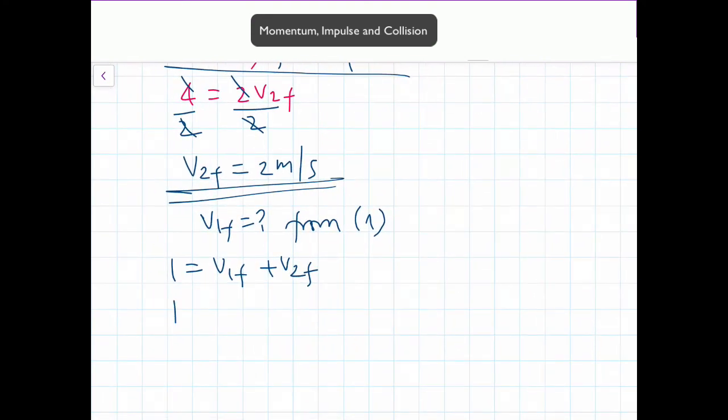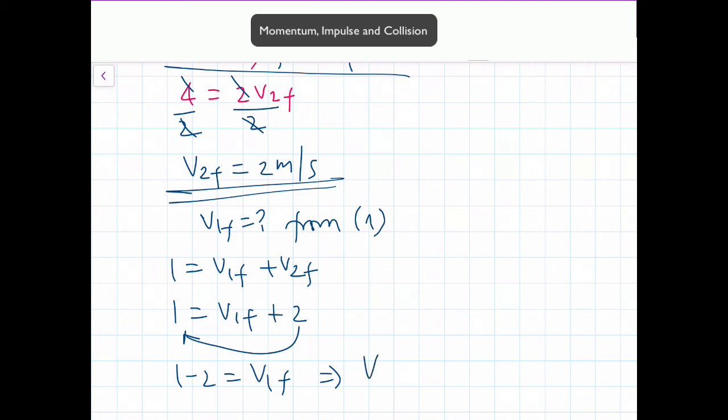So now back substitute for v2 final, which we found to be 2, and then take 2 to the other side, it's going to be minus. So 1 minus 2 equals v1 final. Then as a result, v1 final equals minus 1 meter per second.